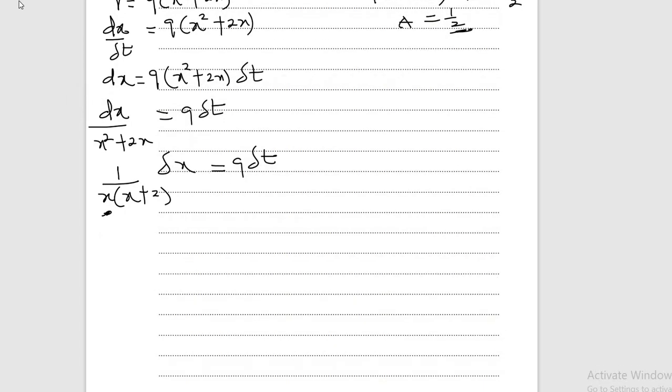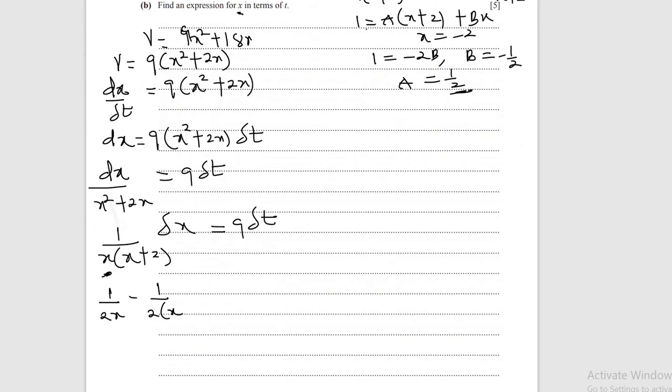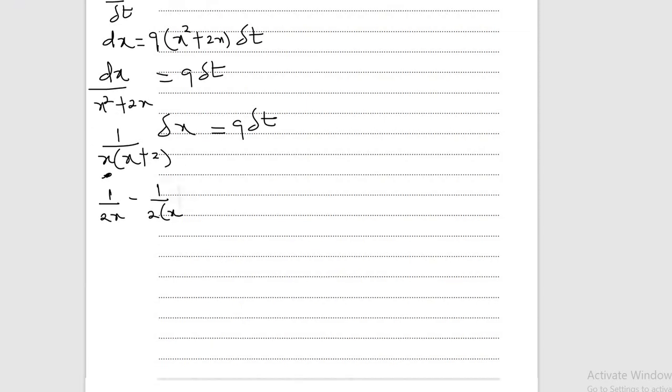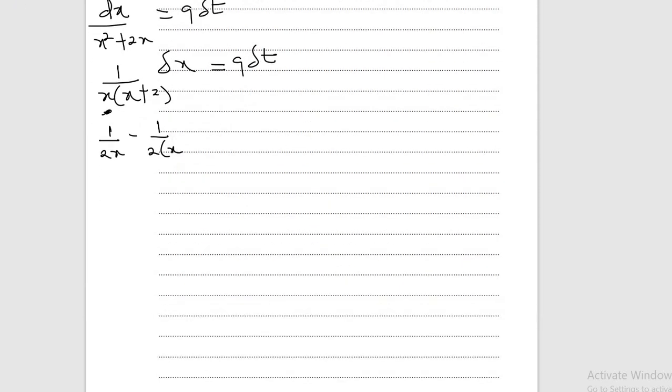So this is now 1 over 2x minus 1 over 2 into bracket x plus 2, equal to 9 dt.